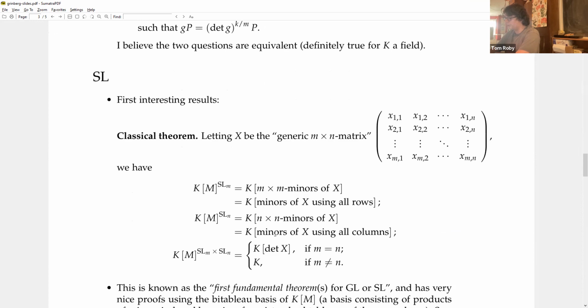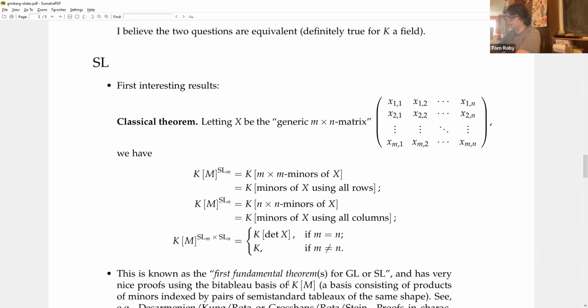So what can we say about SLm invariance? There is a classical theorem here known as the first fundamental theorem for GL or for SL, which says that the invariants under SLm, so acting on the left, so invariants under row transformations, are the polynomials in the m by m minors of X, also known as the Plücker coordinates. So these are the minors that use all the rows.